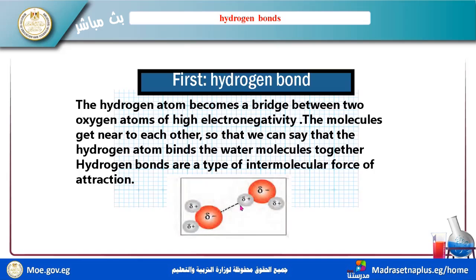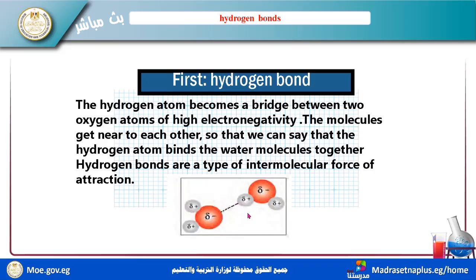If you focus on the structure of the compounds, I have H2O and H2O, and I have a hydrogen bridge between the two H2O. This bridge is between H positive and O negative. The hydrogen atom becomes a bridge between two oxygen atoms of high electronegativity.